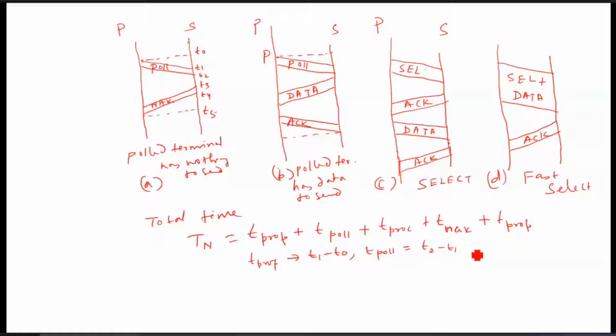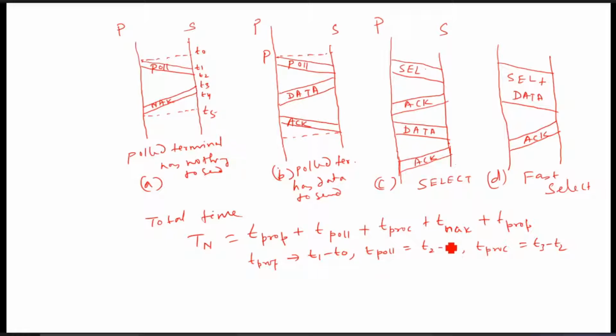Next, T processing is the time to process the poll message before acknowledgement. Some time elapses, so that is T3 minus T2. And what else is left?